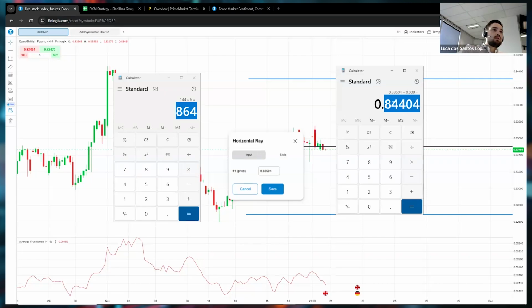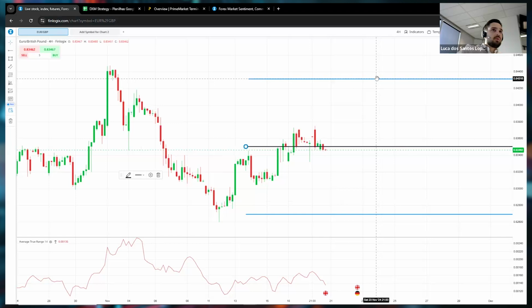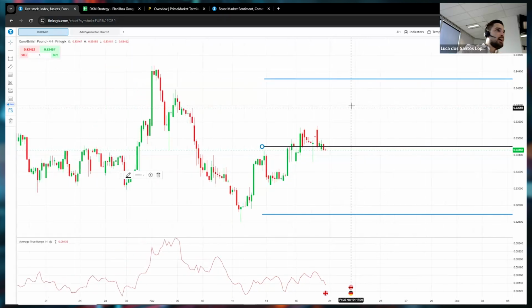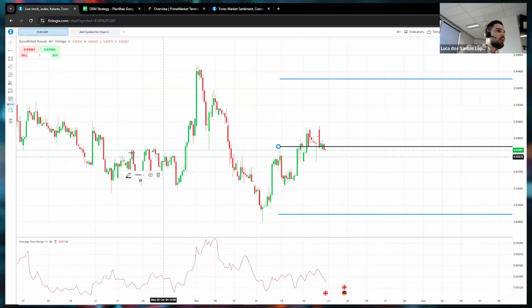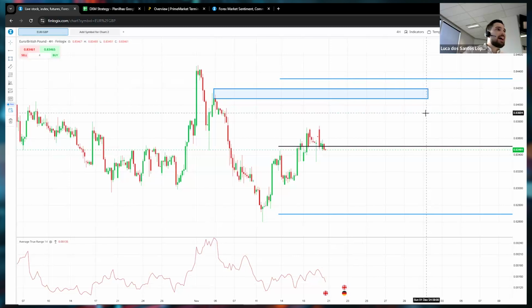So that's where our stop loss should be, around here. I don't think we need to put it all the way up there just because we have a top here. So this will act as some sort of resistance if the price comes to go there. So yeah, that's pretty much it.